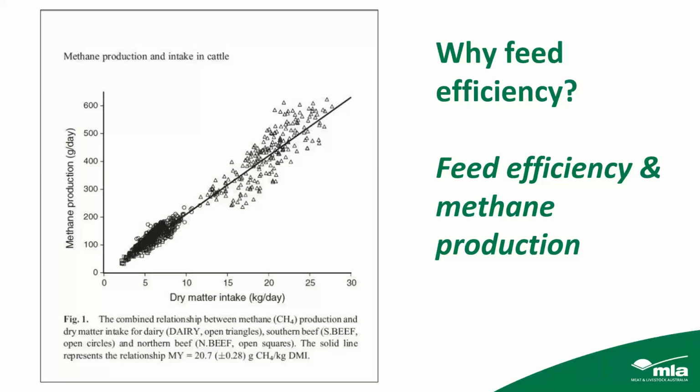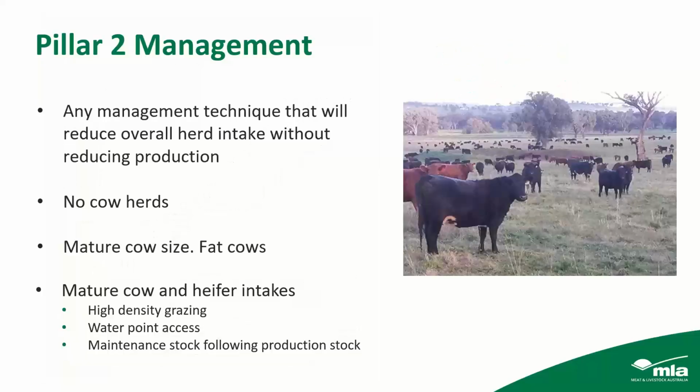But anyway, that's the driver of most of the conversation, it revolves around that line. It's saying whatever we do in our production systems to reduce intake will be directly reducing methane. And that's stuff that we can do on our farms straight away. It's not talked about a lot, but I think it's incredibly important. Moving on.